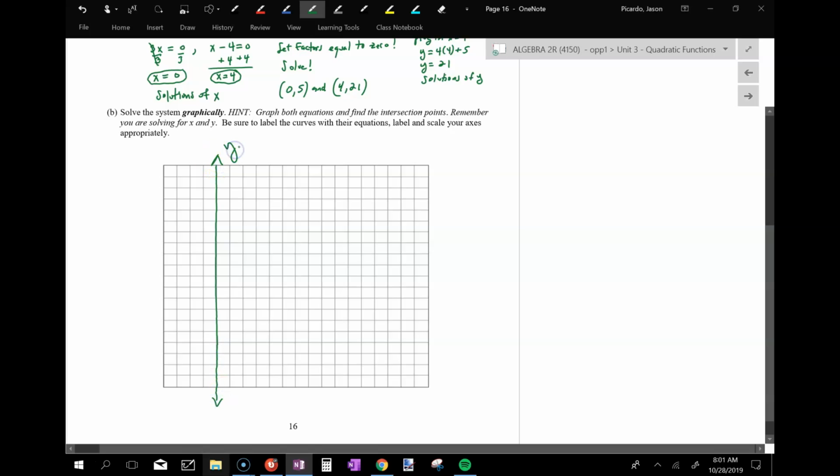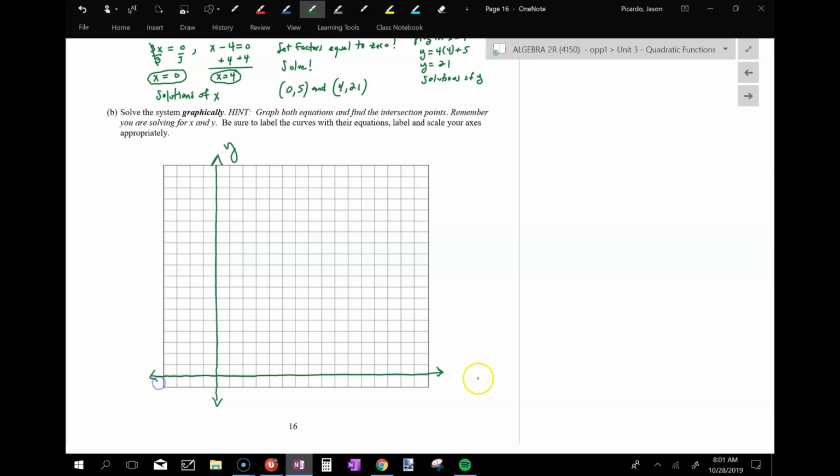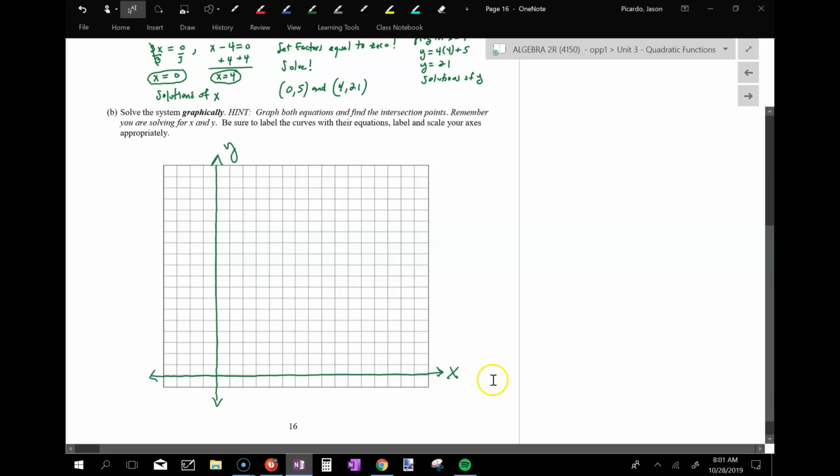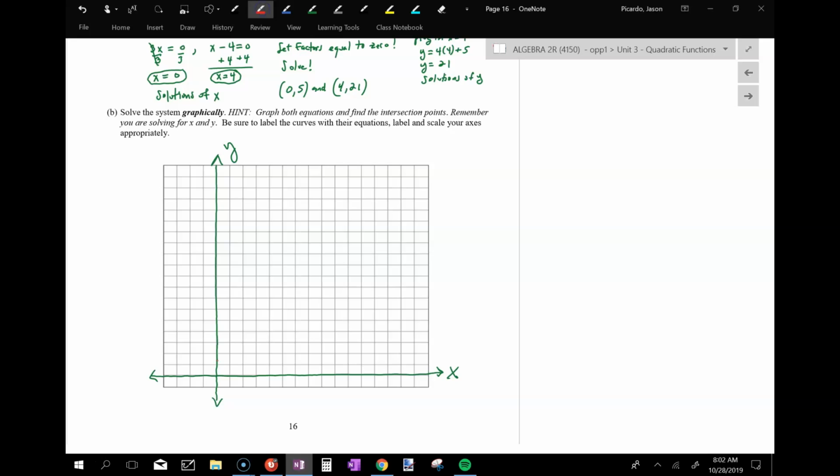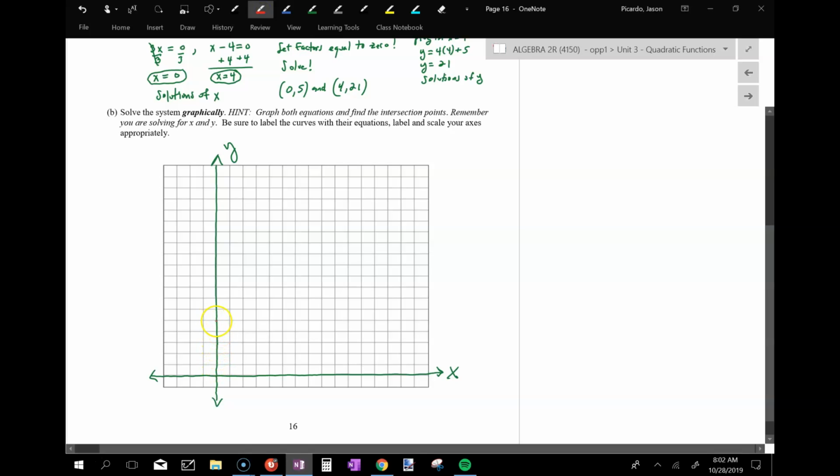Here's my y-axis. There's my x-axis. I already know one of the things, right? I already know the points where these things intersect. And we confirmed it with the graph, right? So I'm going to go to (0, 5). And there's that point, right?